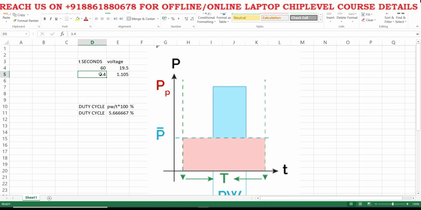That many seconds if it is on, then this voltage we will get. The duty cycle will be very low. The average will be very less compared to the main voltage. This is the main voltage 19.5, but the average voltage will be 1.5 volts.